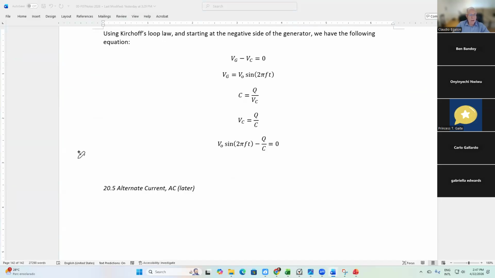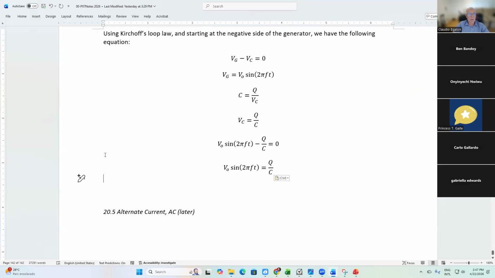The charge is going to be in phase with the voltage. Notice that it is the charge that's in phase with the voltage for the capacitor.